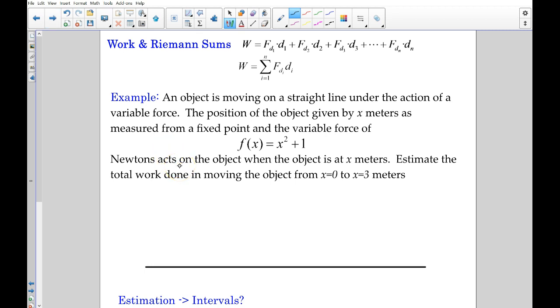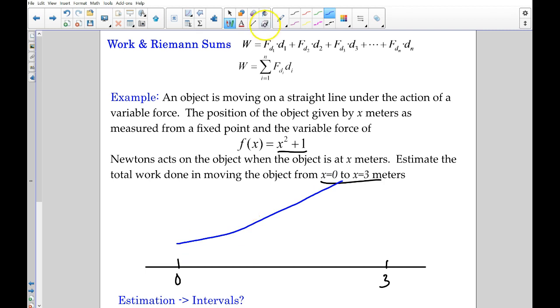And so we're given this function and we're looking over the interval 0 to 3 meters. So 0 to 3. And now here, I didn't give us the number of approximating rectangles. I didn't give us any further information. But the idea is, okay, I know the graph of this. It's a parabola, and so it's going to start up at 1 unit and then slowly increase.